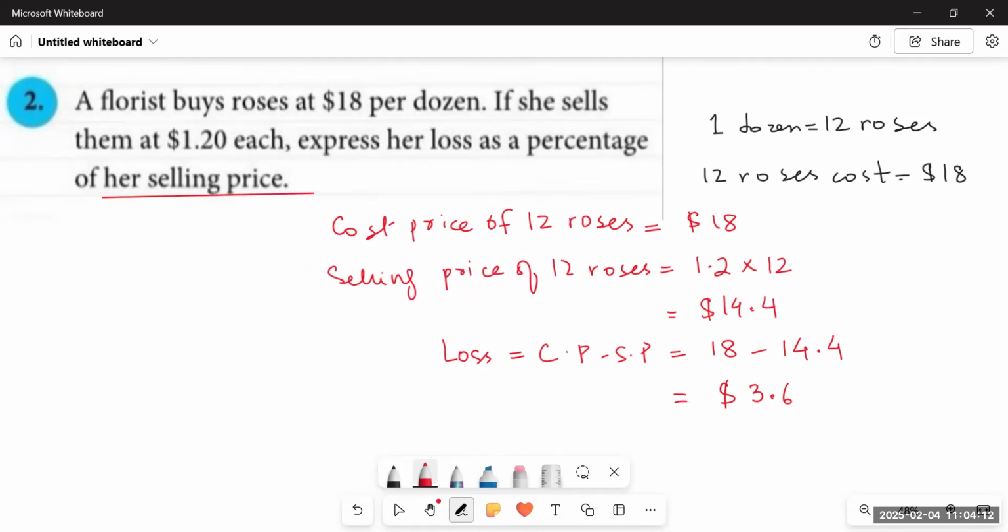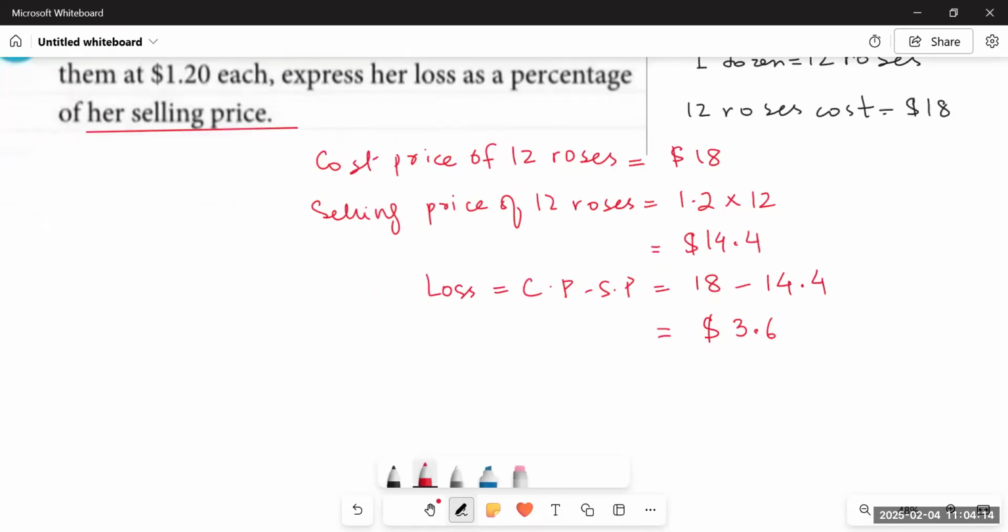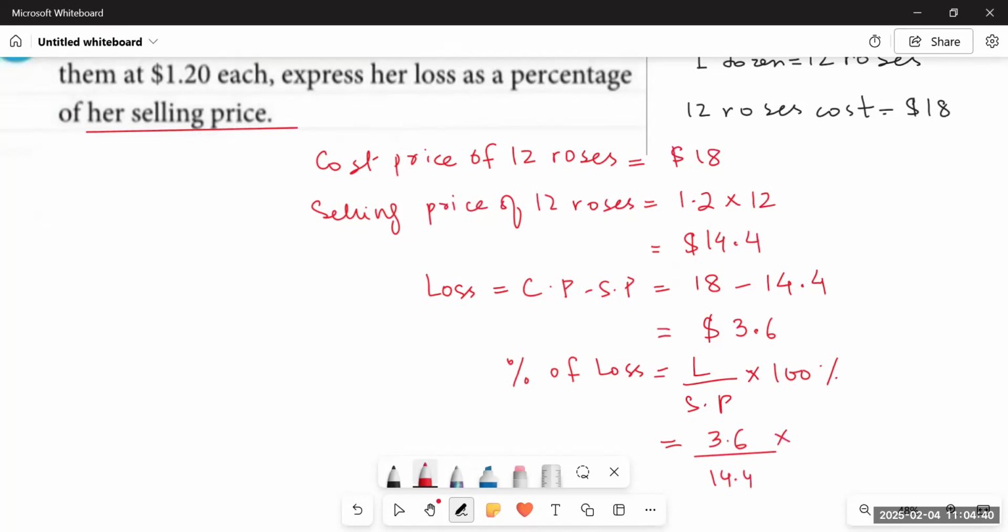So what two quantities do we have to take? If we have to calculate the percentage of loss, we will use the formula loss upon selling price, because we have to express this as a percentage of her selling price, right? And then we will multiply it by 100%. The loss is $3.6. Selling price is $14.4. And we will multiply it by 100%.